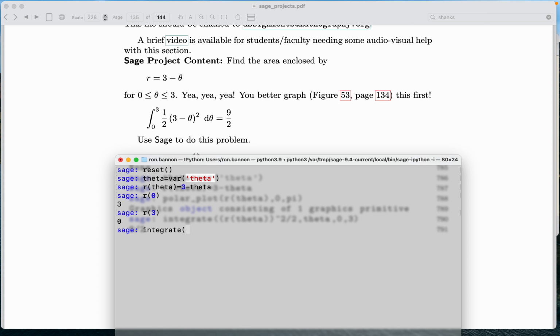And what do I want to integrate? Well, let's take a look at it. I'm going to type in 1 divided by 2 star, and I'm going to type in what I see over there. But there are other ways of doing it. For example, instead of 3 minus theta, I could also type in r of theta.